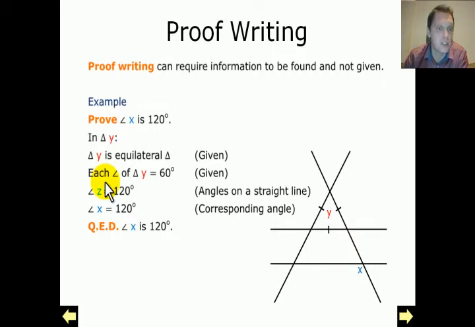In triangle Y, so this is my triangle Y. Triangle Y is an equilateral triangle, which is given, as noted by the dashes telling us that each one of these sides is equal. That must mean that each angle of triangle Y equals 60 degrees, which is of course given.